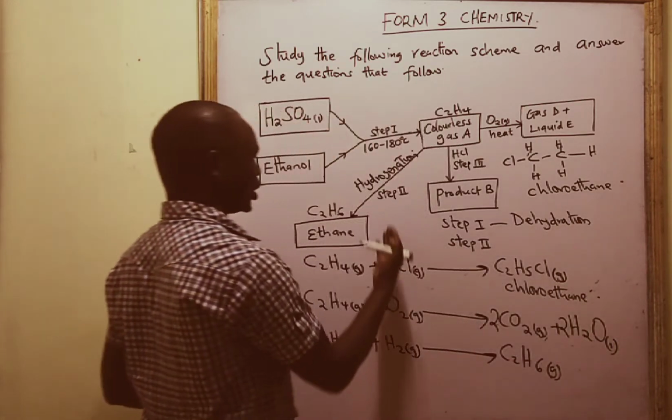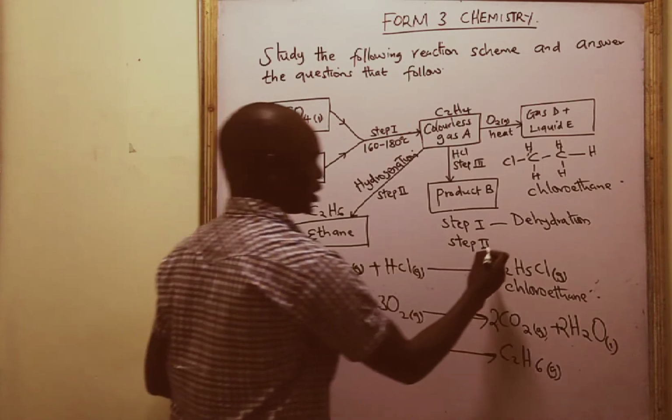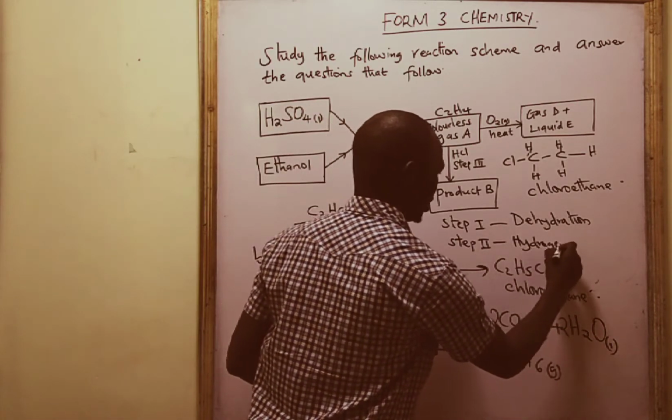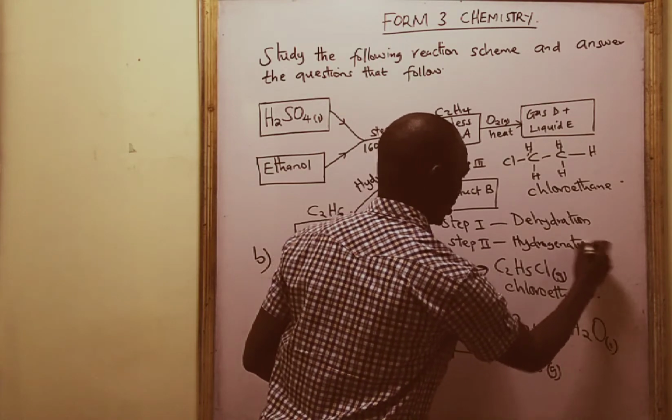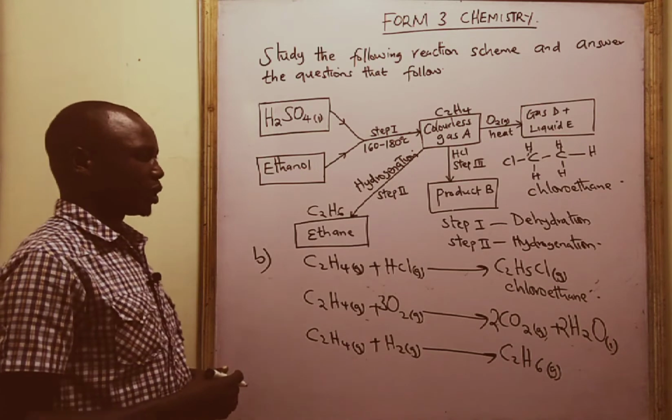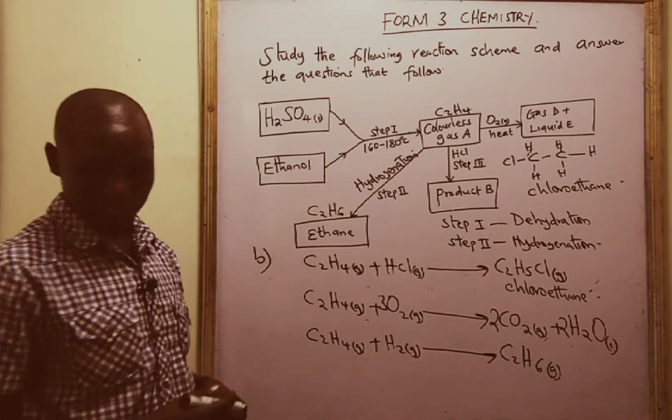Then of course in step 2, where we are adding hydrogen, this is an addition reaction, but specifically this is hydrogenation, since we are adding hydrogen to that colorless gas.